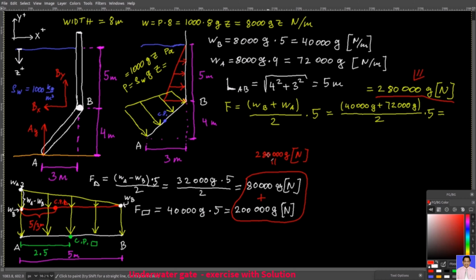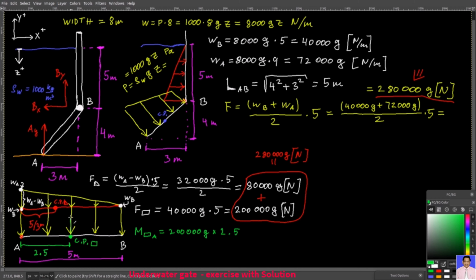However, now we will get the moment about point A due to the rectangular distribution, whose center of pressure was at 2.5 meters from point A. So for that, you have the moment due to this rectangular distribution about point A, and so I take the force due to this rectangular distribution, which is this one, and I multiply it by 2.5 meters.